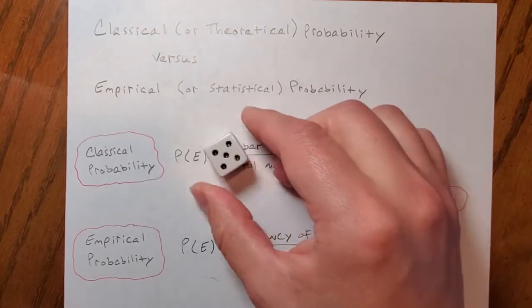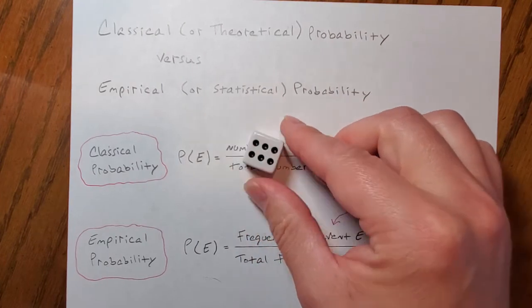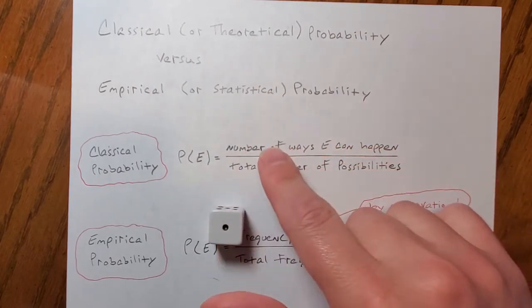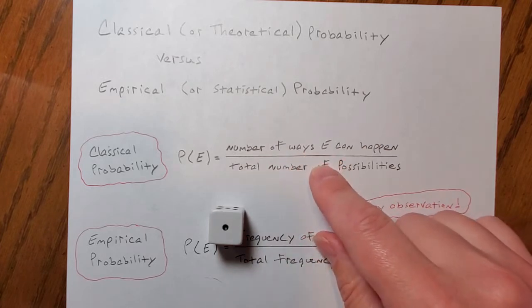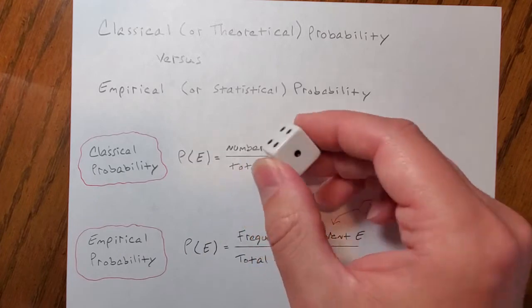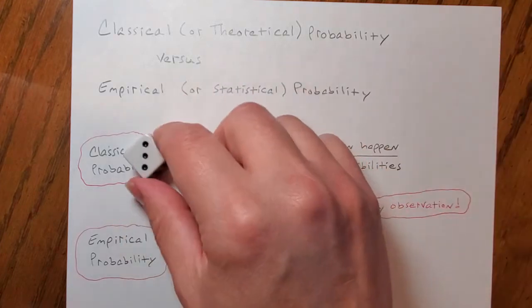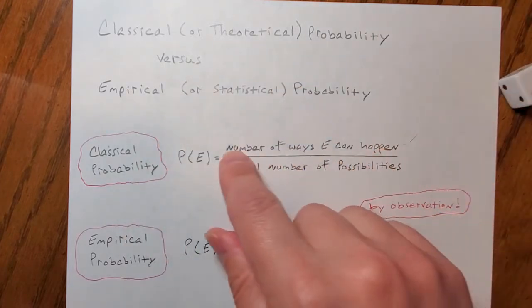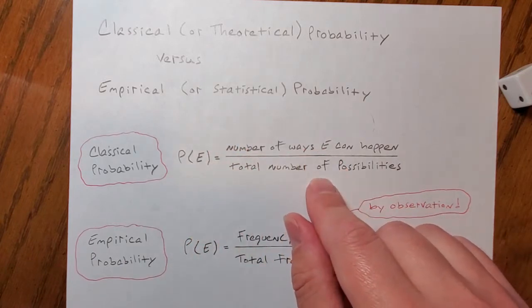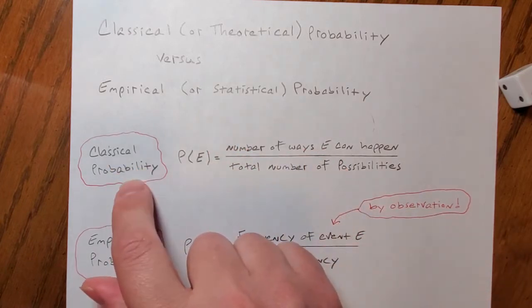When I calculate the probability of rolling various numbers on this die, I just think about how it can work out. I don't actually roll the die to figure out what can happen. I'm aware of how it works out, and I can count the ways that the events can happen. That's classical probability.